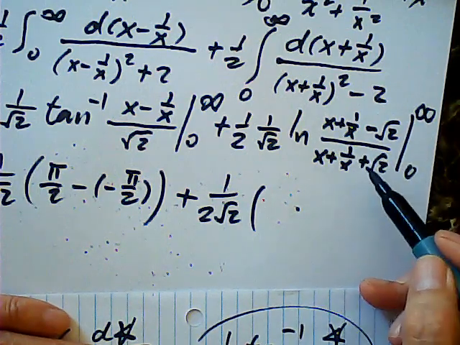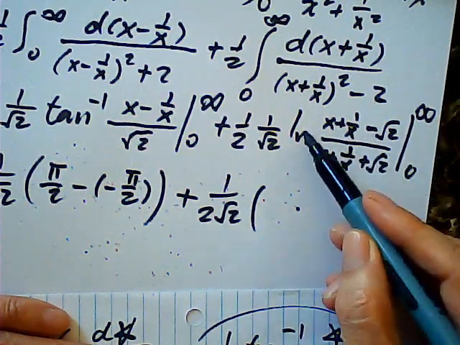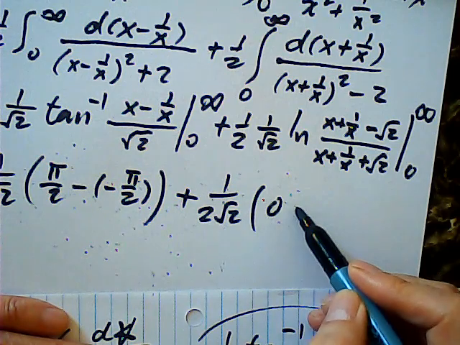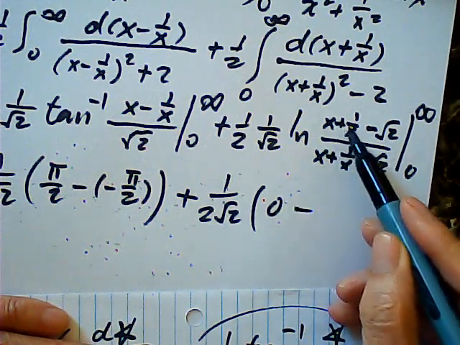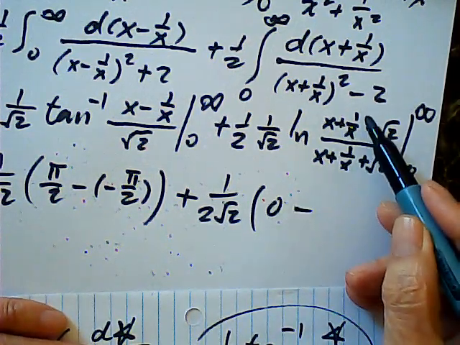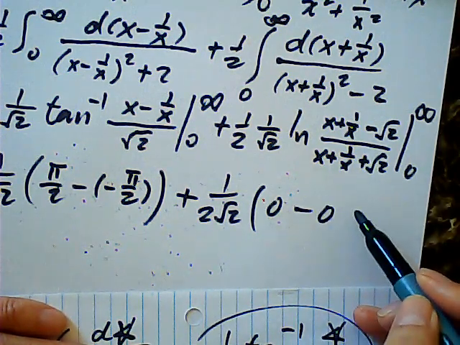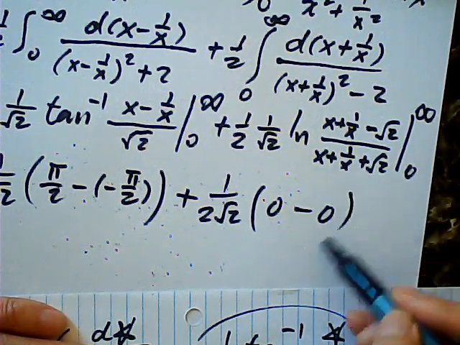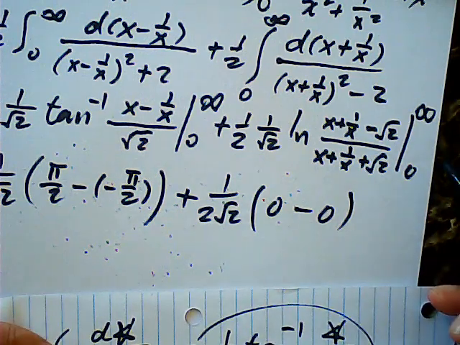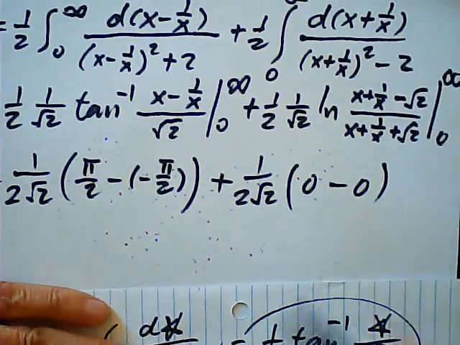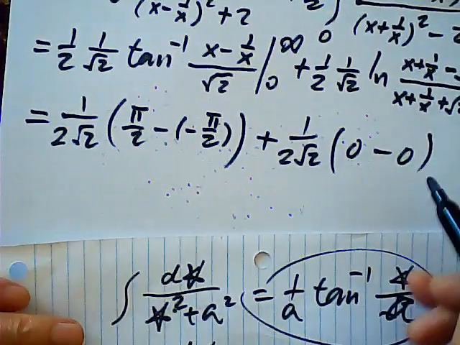Or use L'Hopital's rule. This will be 1, and log 1 is 0. Minus, put a 0 here. See, the x and 1 over x cancel out. You get 1 again, 0 again, log of 1 is 0.